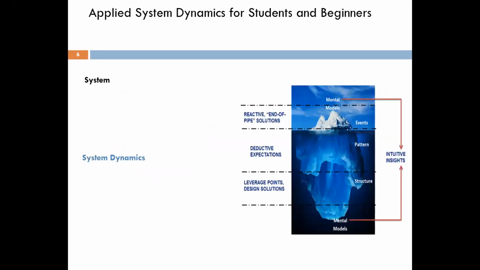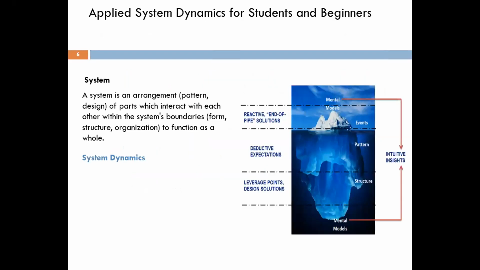So in terms of a system, quite simply, a system is an arrangement of parts or elements that come together to provide a particular function or purpose.